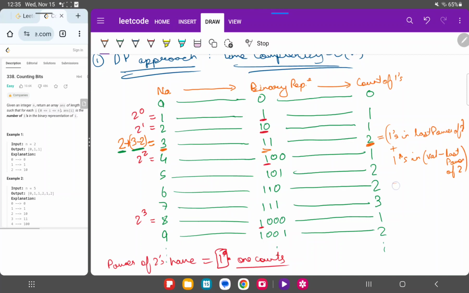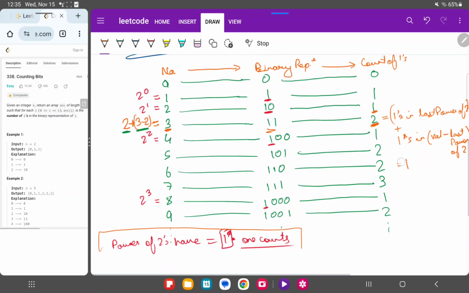The number of ones in the last power of 2 will always be 1, since we discussed that powers of 2 have a count of 1. So this would always be 1, plus ones in 3 minus 2. So 3 minus 2 is 1. How many ones do we have in 1? Just 1. So this becomes 1 plus 1 equals 2, which is exactly what we have here. Alright, so I'll be erasing this for now. So this is the actual formula.